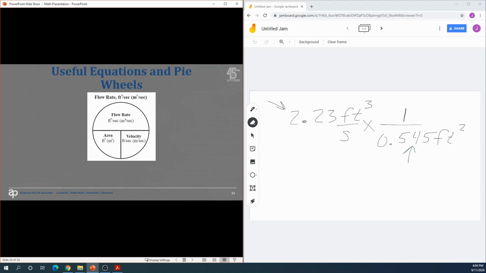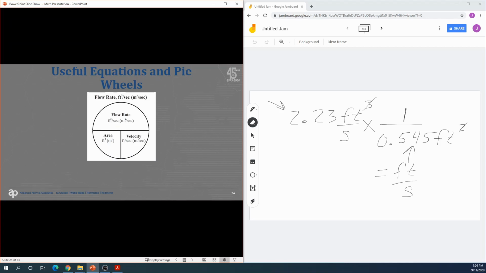But instead of just doing 2.23 divided by 0.545, I'm writing it out as multiplication of 2.23 times 1 over 0.545. The reason I'm doing this is because this allows me to track my units extremely easily. I have cubic feet on top, seconds on bottom, square feet on bottom. So when I track this out, my units are going to be feet per second, because the feet are going to cancel the feet, so I'll be left with 1 foot on top and the second on bottom.